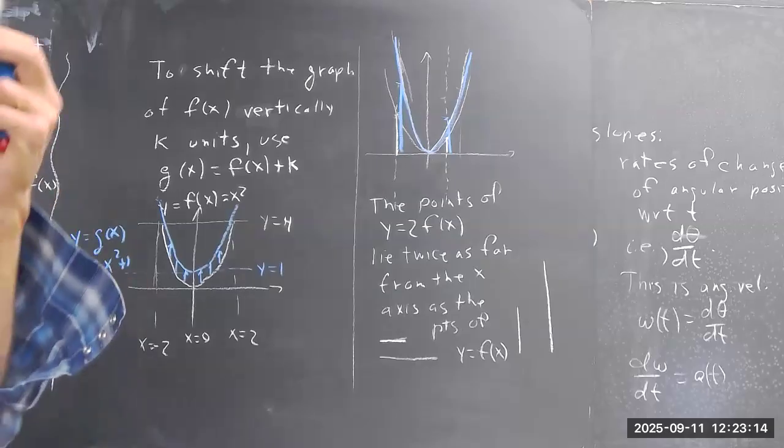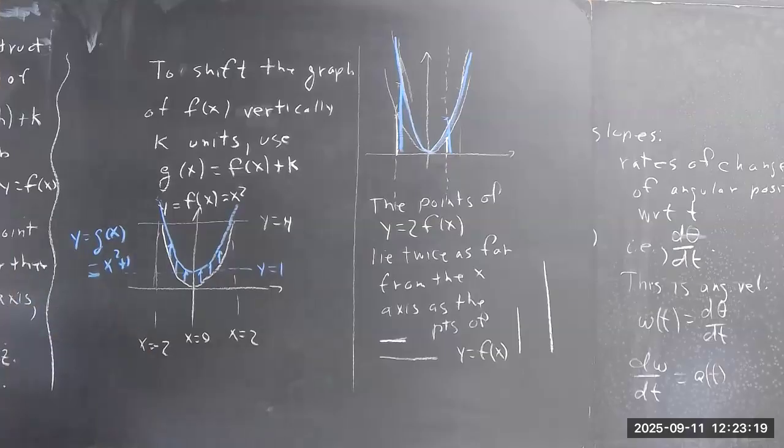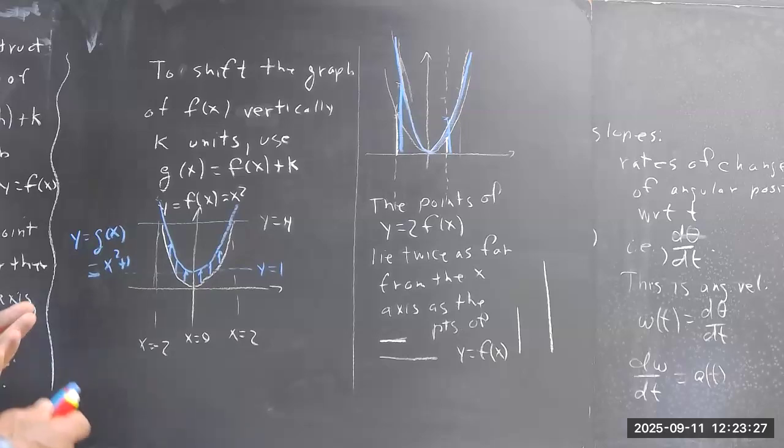And now the text and most presentations actually talk about reflections through the x-axis and reflections through the y-axis. So if a was negative, you would first reflect the graph. So I'm going to just put this in here.